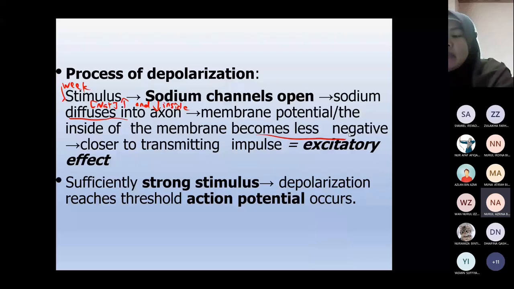If there is a sufficiently strong stimulus, the depolarization can reach the threshold and an action potential can be produced. So with enough stimulus to cause the depolarization, then you are going to have the action potential.